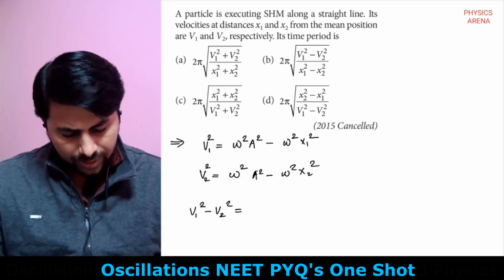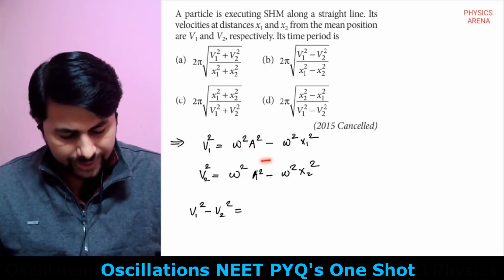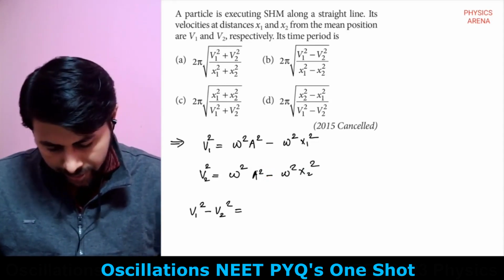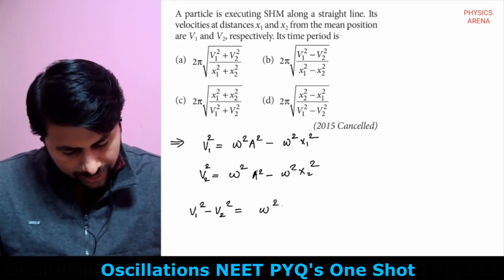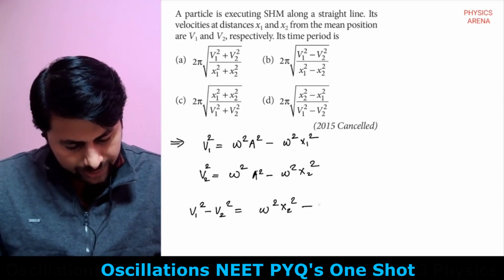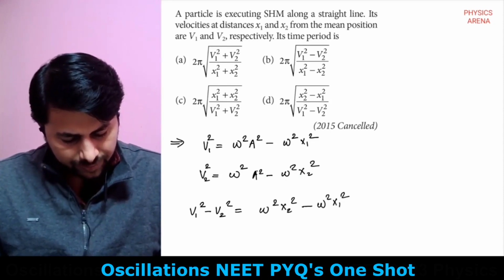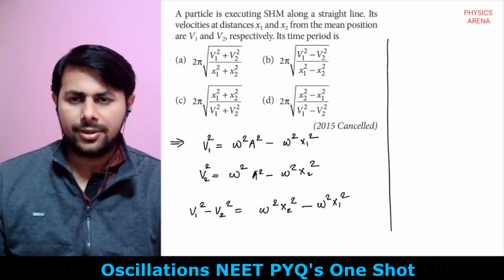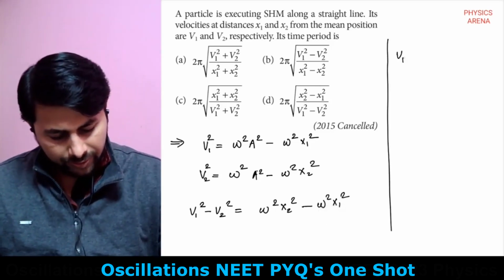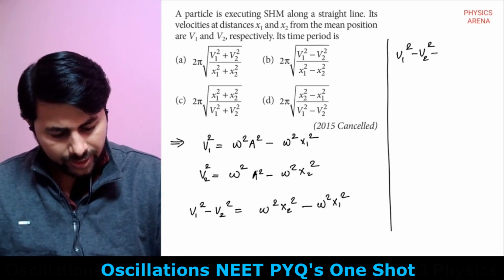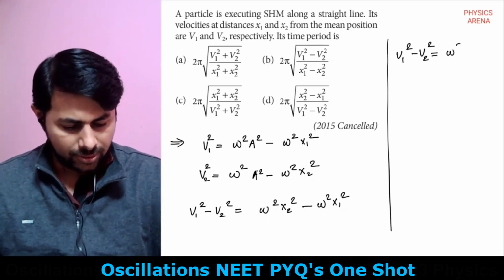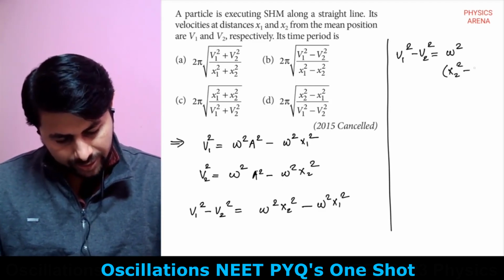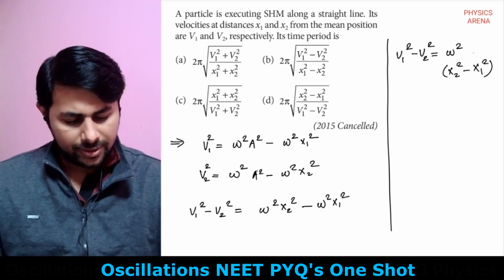Then this will become minus of minus, so that's positive: omega square x2 square minus omega square x1 square, or we can take omega square common. So v1 square minus v2 square equals omega square multiplied by x2 square minus x1 square.